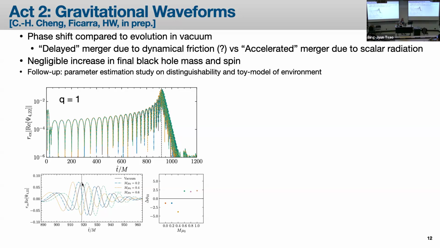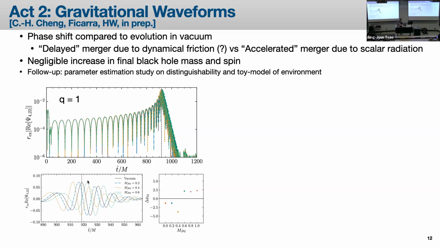The black line here is just binary black holes in vacuum, so no scalar field. And the other lines correspond to having a scalar field with a certain mass. Blue is a mass of 0.2, orange a mass of 0.4, and green a mass of 0.6. And here we see something interesting, right? We see that some of the binaries seem to merge earlier, some of them seem to merge a bit later.